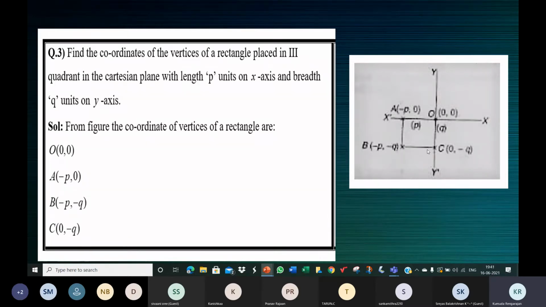Similarly, here it is minus p comma minus q, because this one is marked minus q and this is marked minus p. So the coordinates of this vertex will be minus p comma minus q.